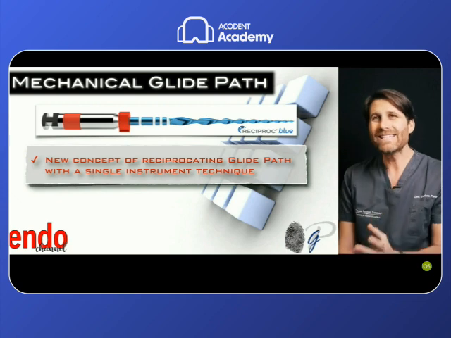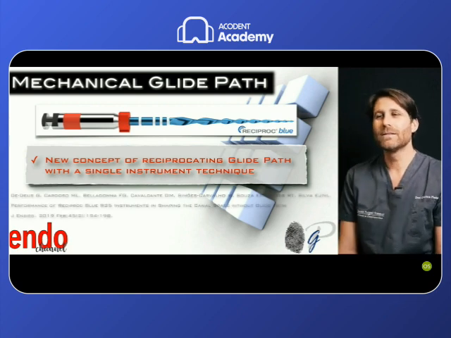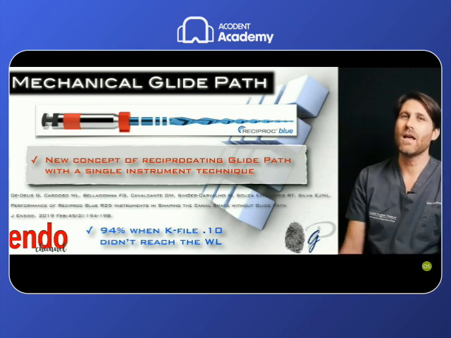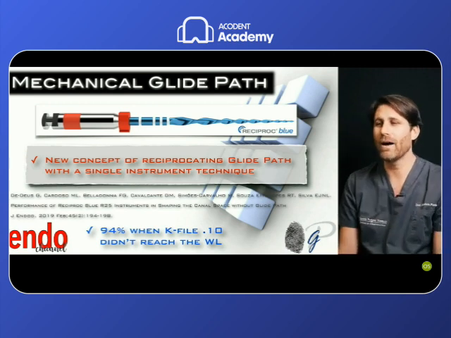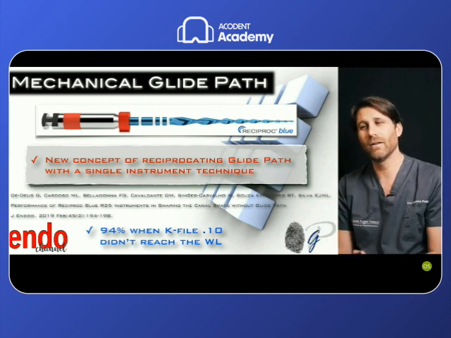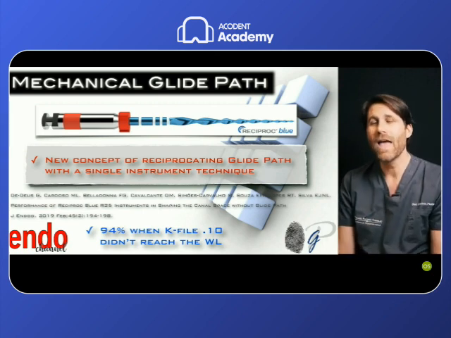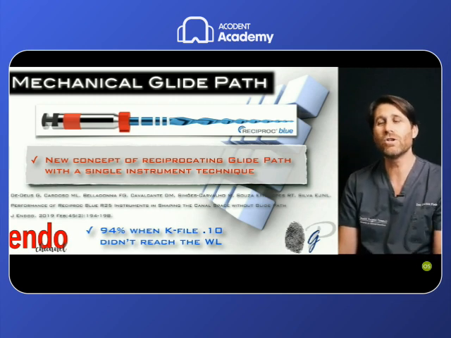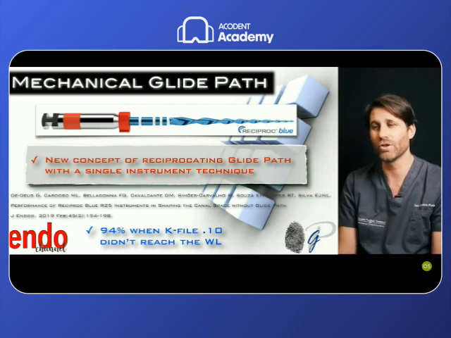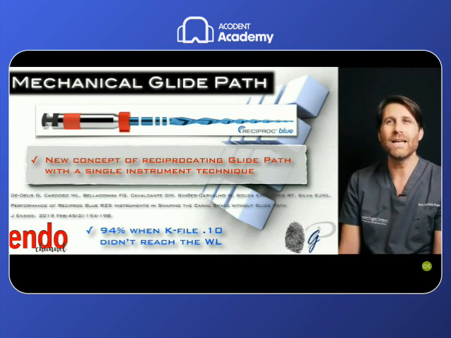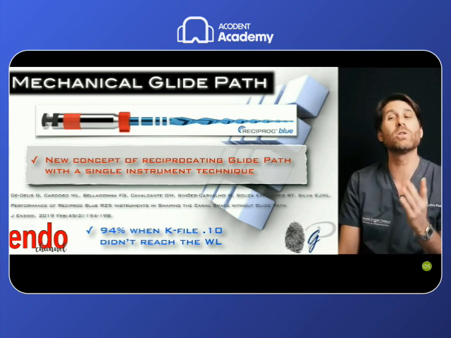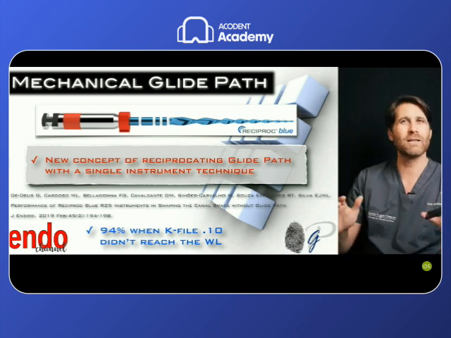And in these cases, the studies say, the same studies that I have cited before to demonstrate how effective it is to create the glide path, in this study the authors have also tried to reach the working length in those cases in which the 10 stainless steel file didn't reach the working length. So these were cases of coronal preparation of middle and coronal third, and the apical scouting was not possible with the 10 file, and we have to decide what to do.